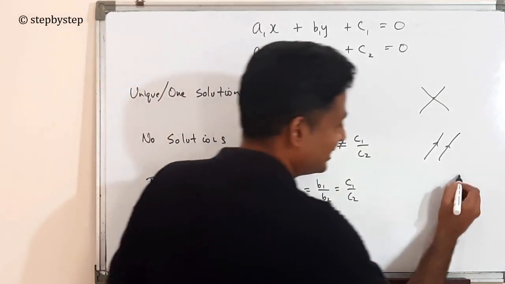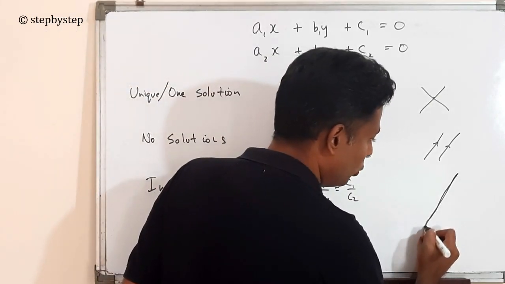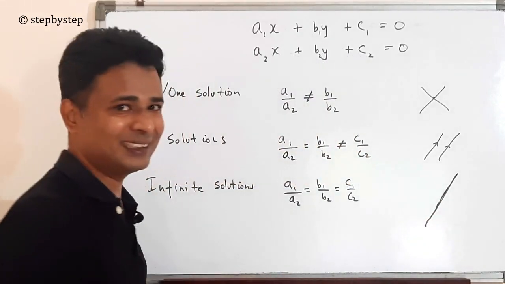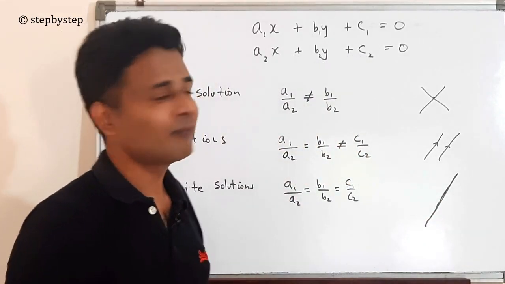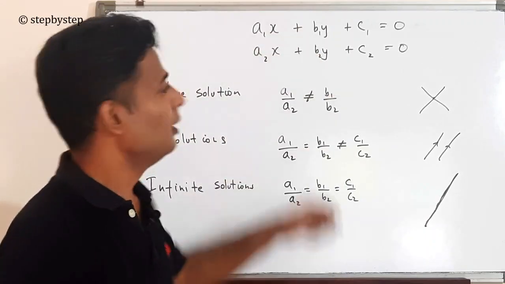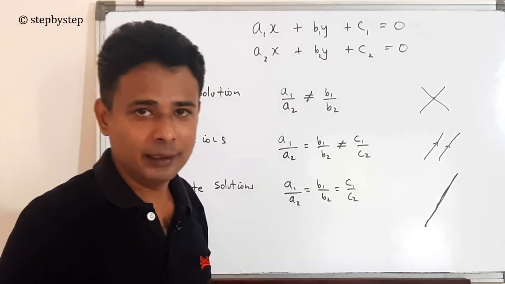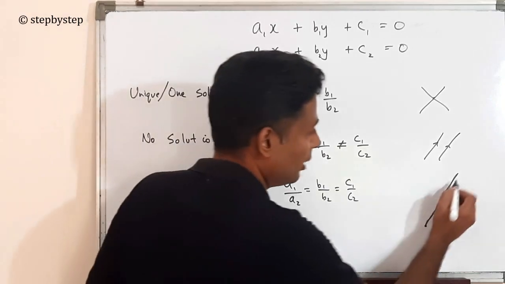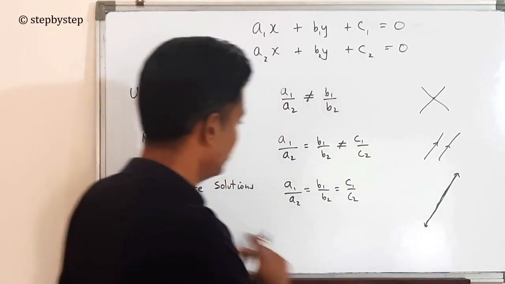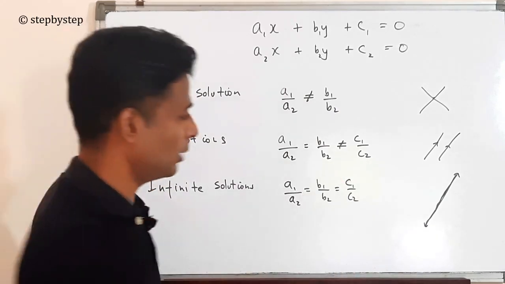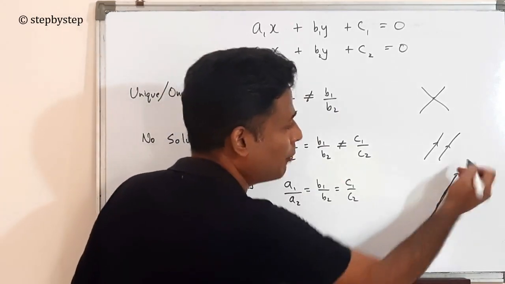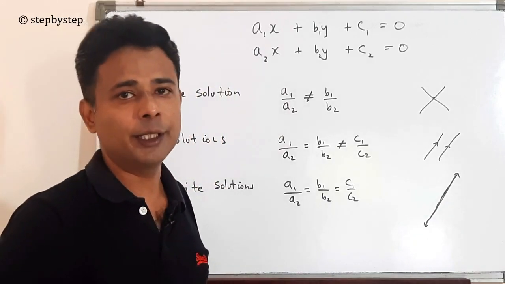And infinite solutions is nothing but you get two different equations for the same line actually. The lines are overlapping, but they are written in a different way using different a, b and c. But they are the same line. So in that case, it will have infinite solutions, because since they are overlapping, every point is a common point.